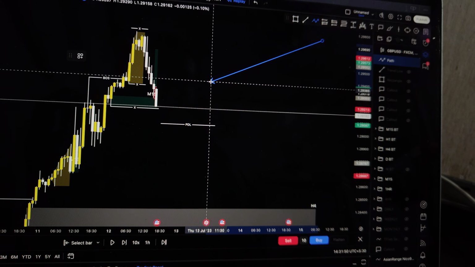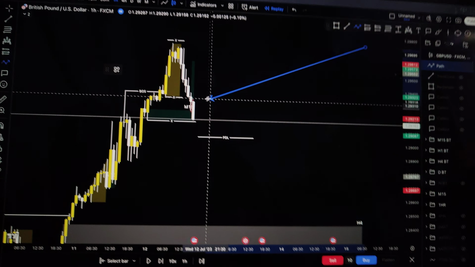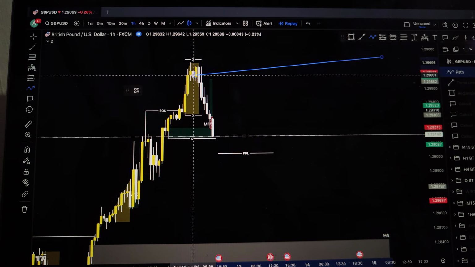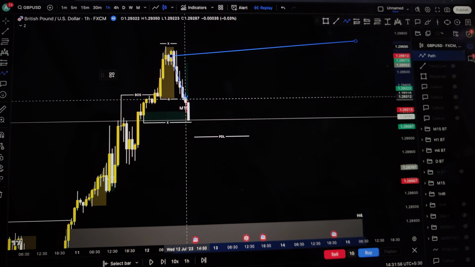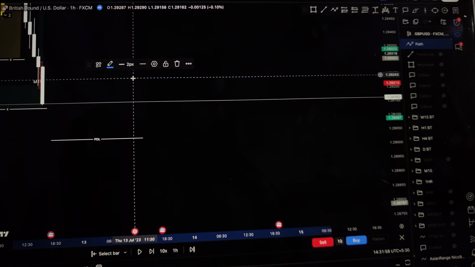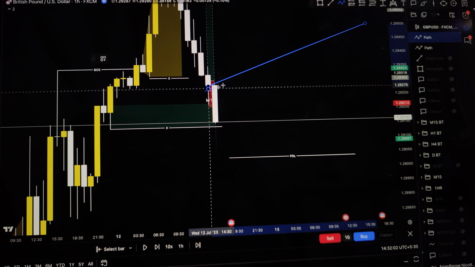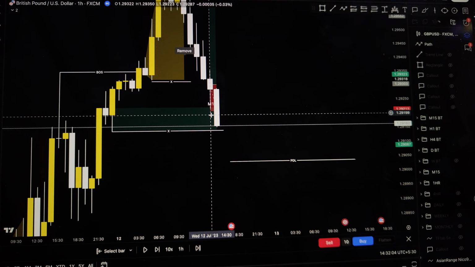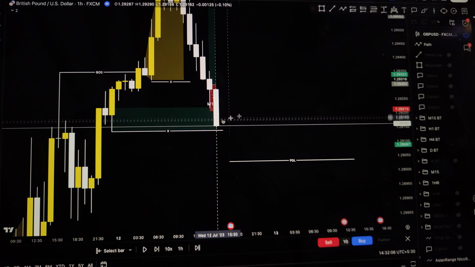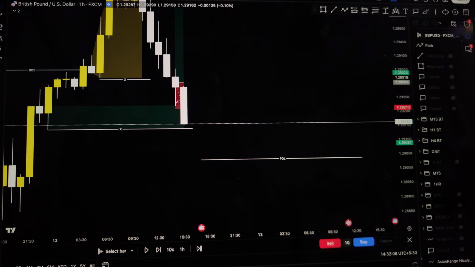But one thing that you can improve next time is looking at the hourly time frame. In the hourly time frame, you can see there's huge selling pressure. I took the trade based on this hourly wick rejection here. There is a clean hourly wick rejection from this demand zone, just about tapping the demand zone.